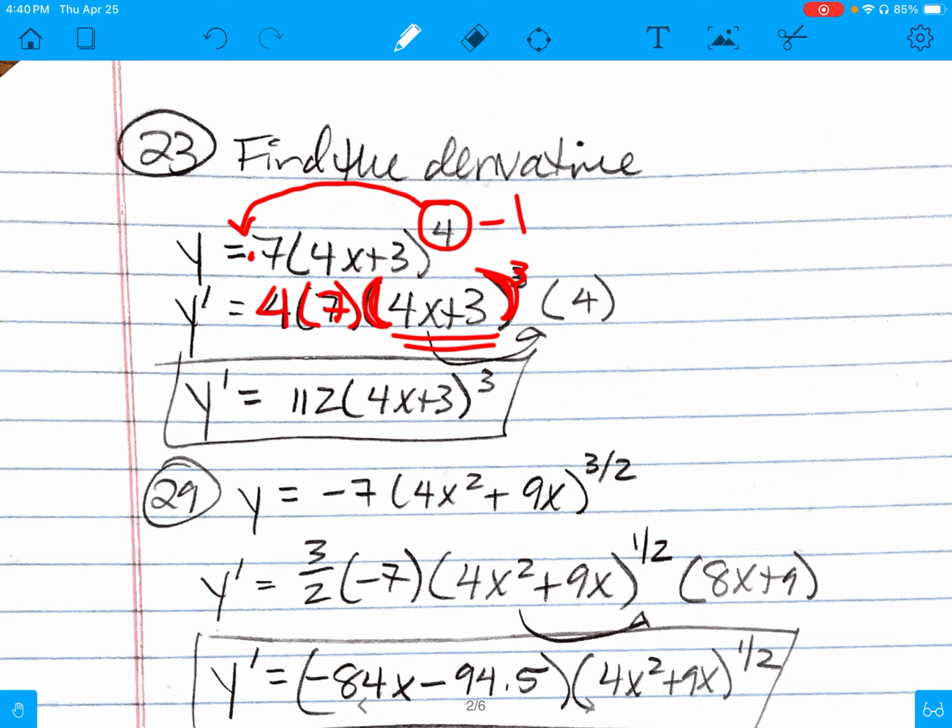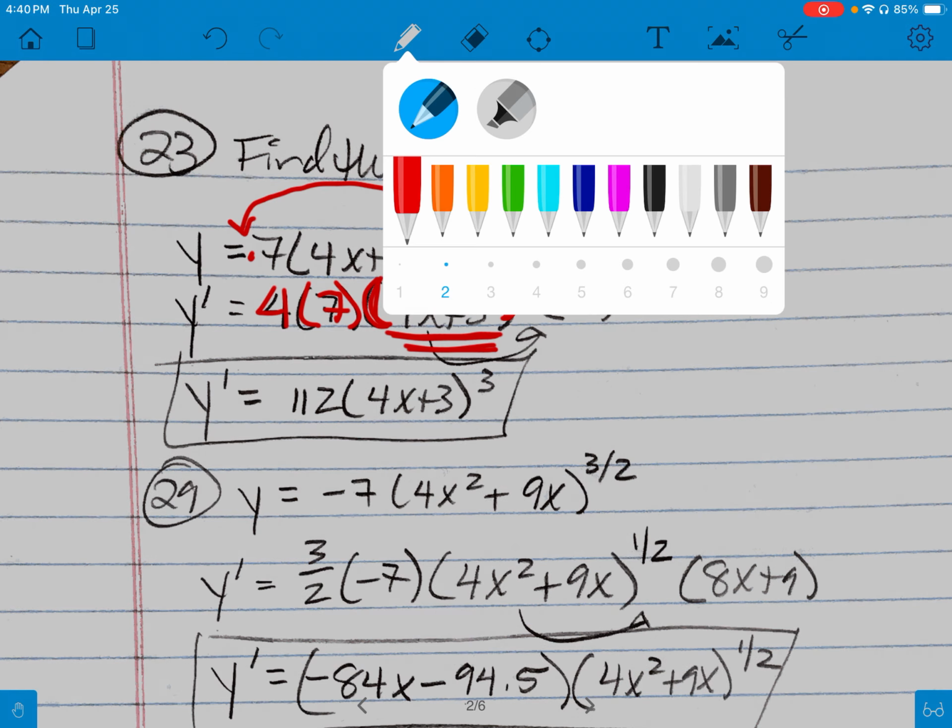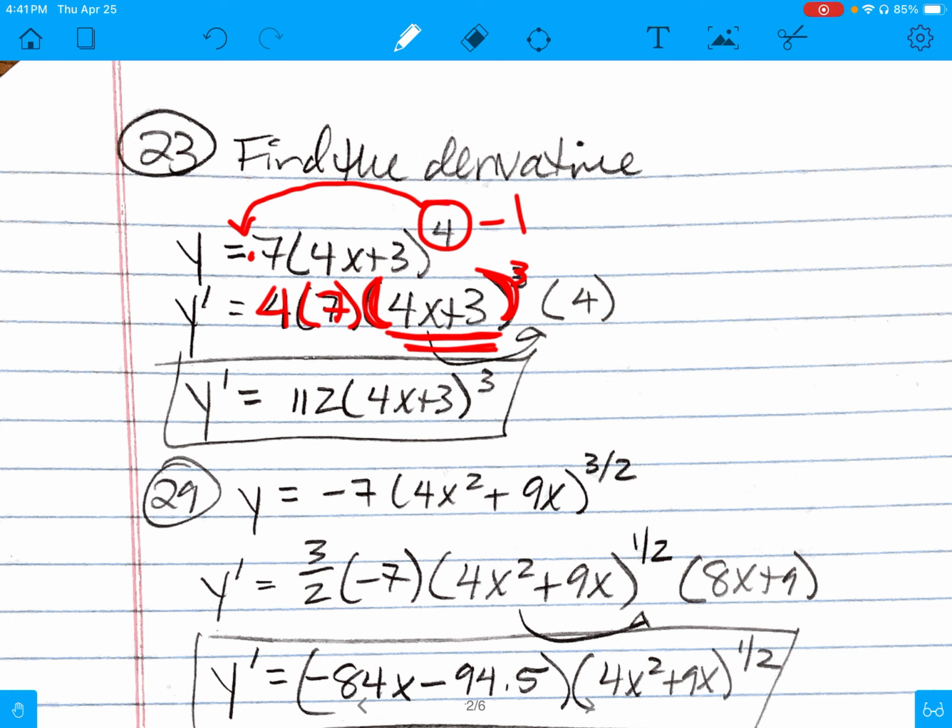And then this next part is where the chain rule comes in. If that thing inside of this set of parentheses were just an x, we wouldn't have to apply the chain rule. But because that is not a variable, it's a function, we then need to multiply at the end this whole expression that we've got so far by the derivative of that function that's inside the parentheses. So when I have 4x plus 3, what is the derivative of that I need to chain out?